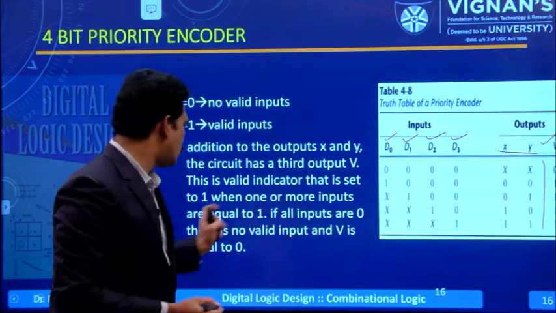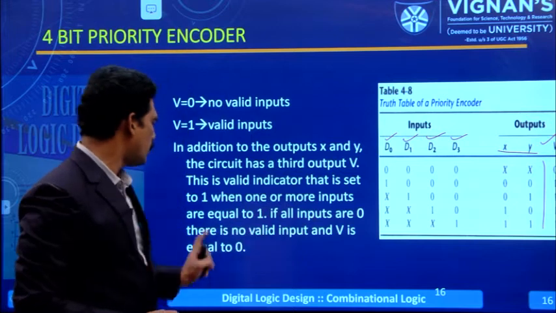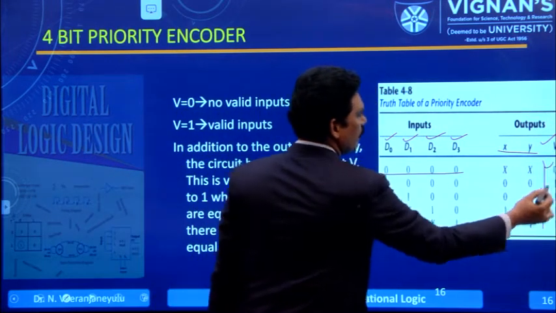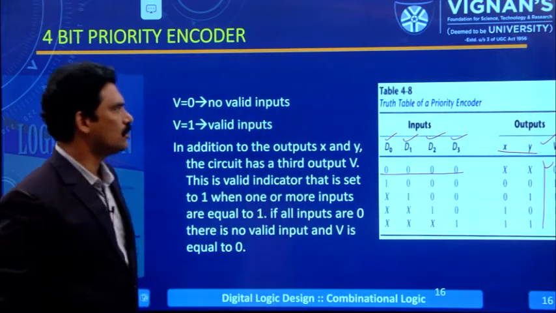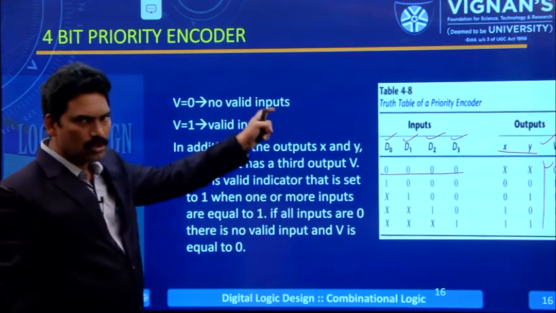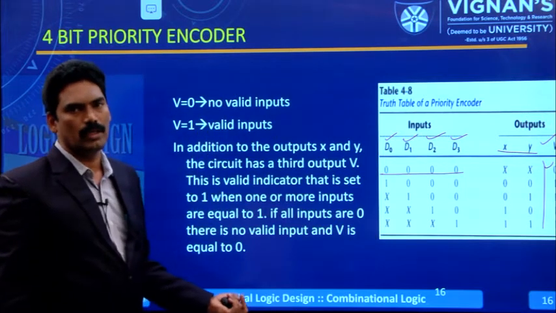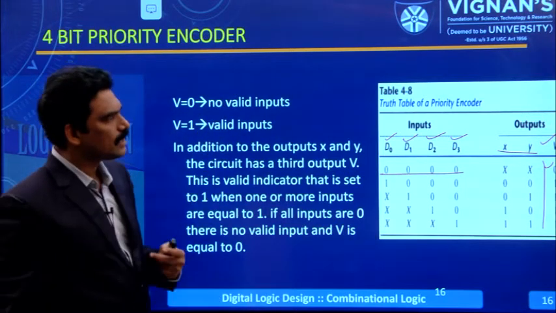If all inputs are 0, there is no valid input and so V is equal to 0. V equal to 1 means valid inputs only. So, what is the expression for X and Y?